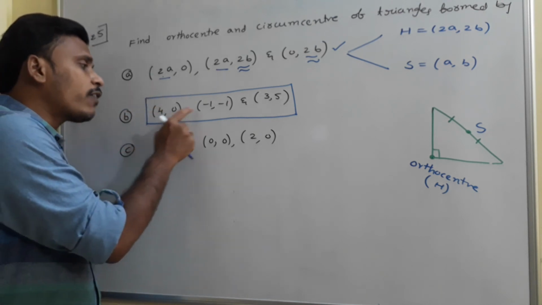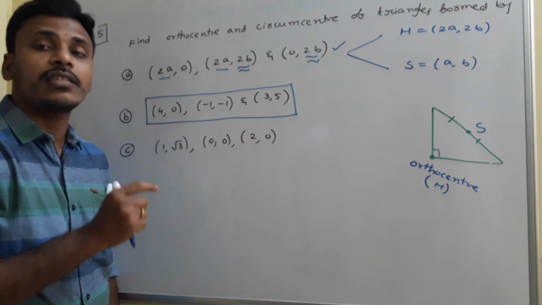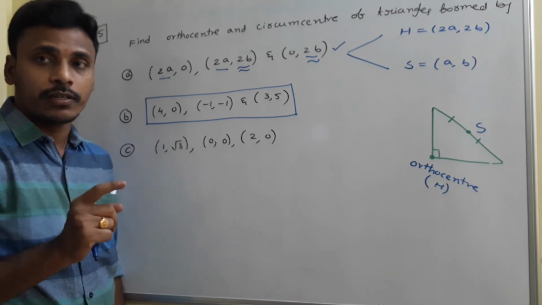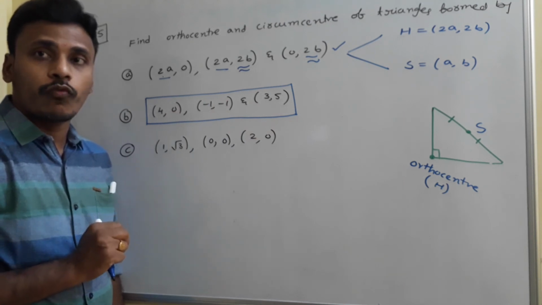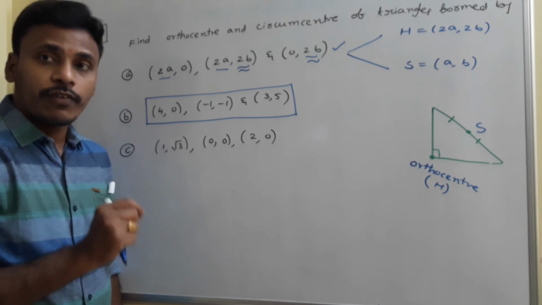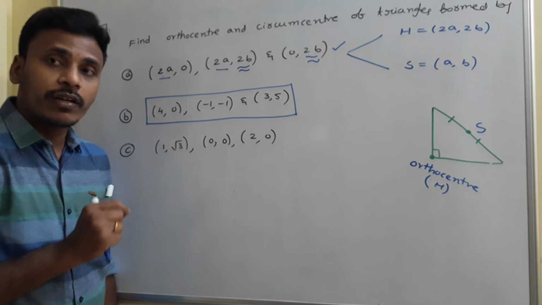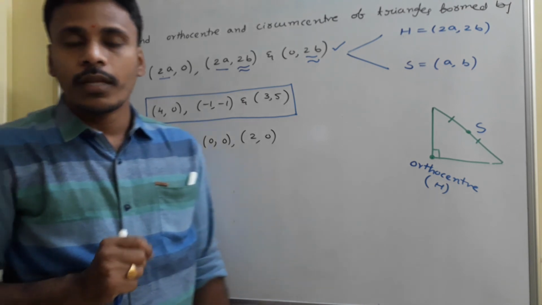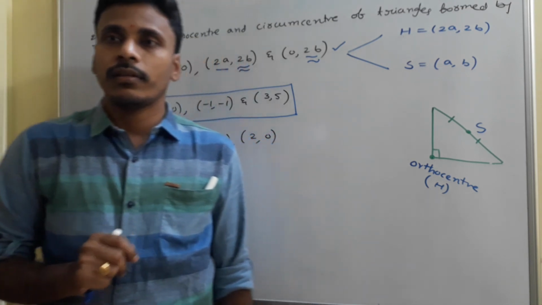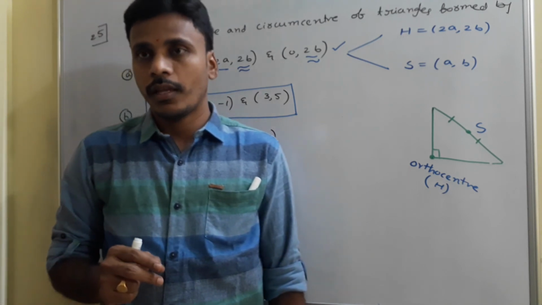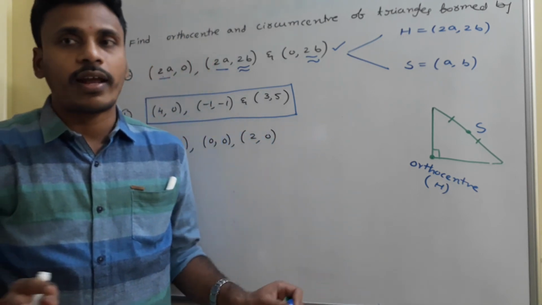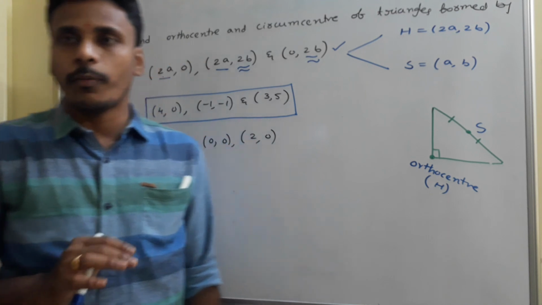You need to identify the type of triangle, then it is easy to find the orthocenter and circumcenter. For every such problem, first identify the type of triangle. If the triangle is right angled or equilateral, then our task is very easy. If the triangle is a general scalene triangle, then we need to go with the regular procedure.